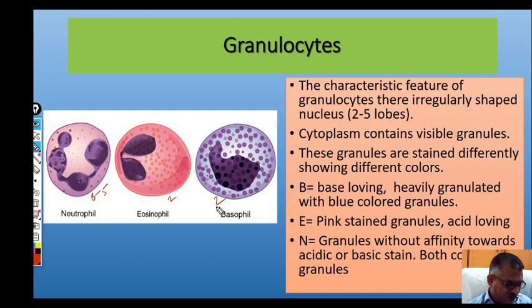As far as concentration is concerned, normally neutrophils are 40 to 70%. Eosinophils are around 1 to mostly 6%, and basophils are very rare, hardly 0 to 1% or 2% you will find.